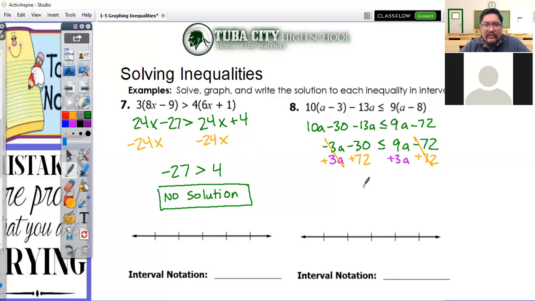And this will have its own effect. So in this case here, I'm going to end up with, let's see, 12A here. And I think this would be 42. Okay, oops. Yeah, it would be 42.